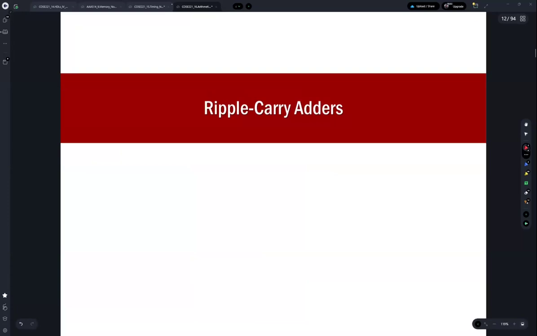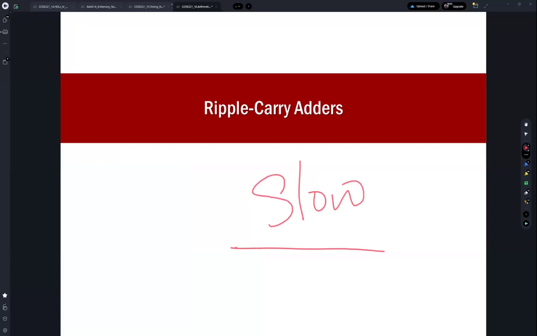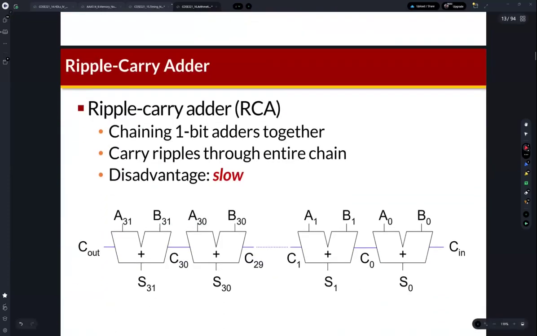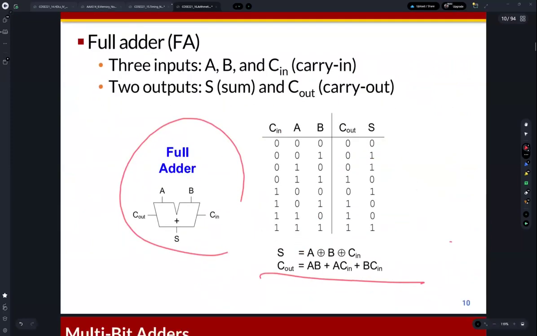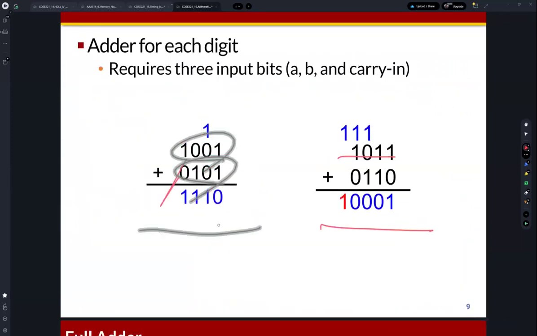Okay, let's start from the ripple carry adder. This adder is slow. Why? Let's start from this example. We learned how to add binary numbers, which is elementary school arithmetic.